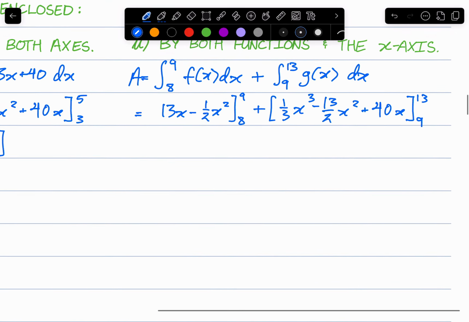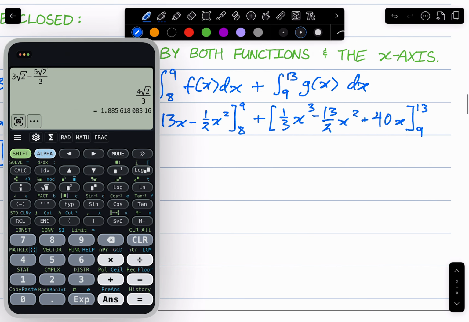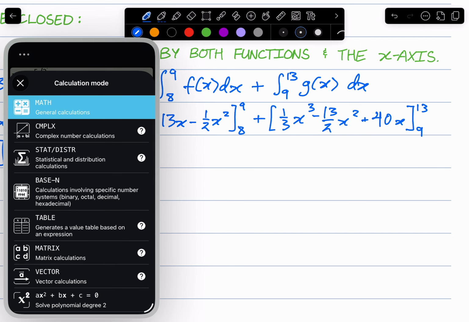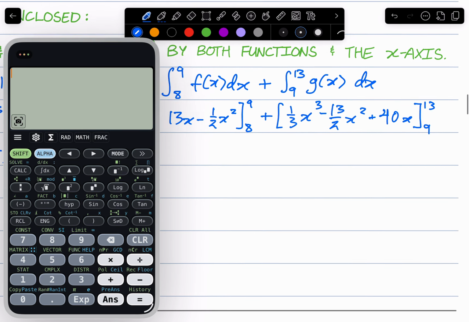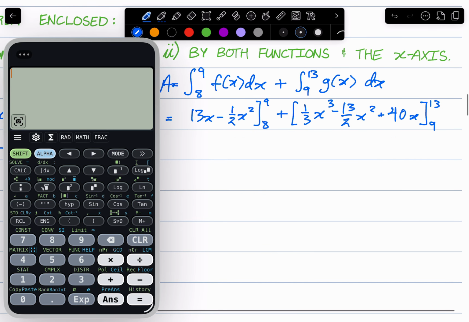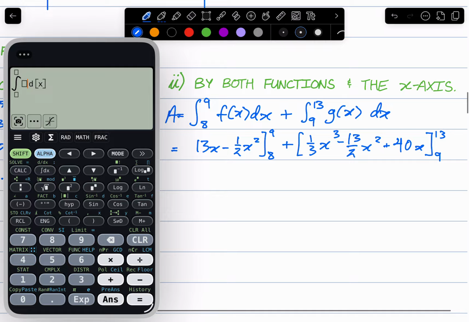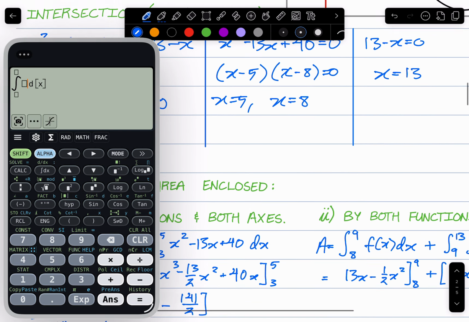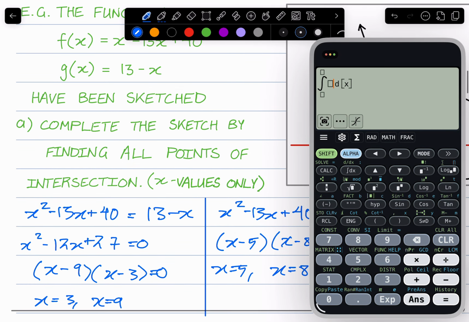Now, just revealing this to you now, this calculator can actually do our integration in one go for us. So just to show you, this is very tedious at this point. So integrating 13 minus x it was.